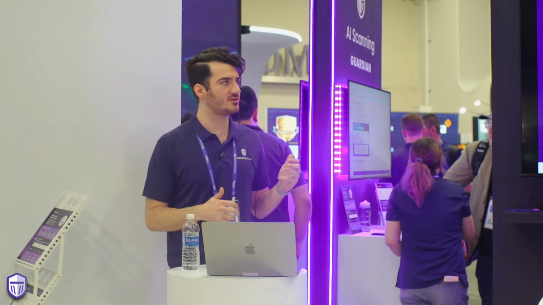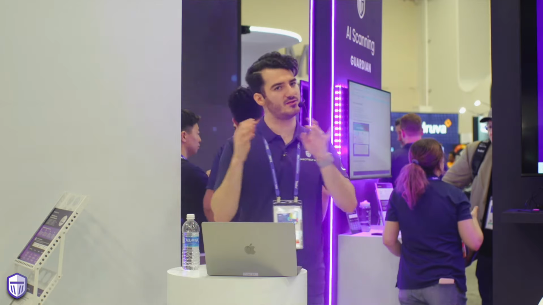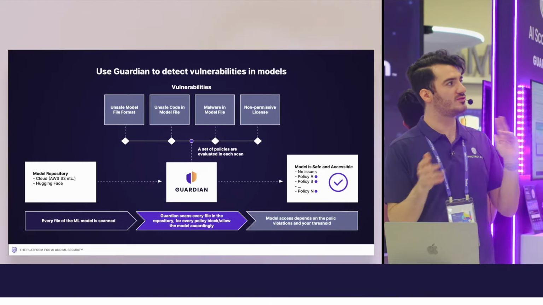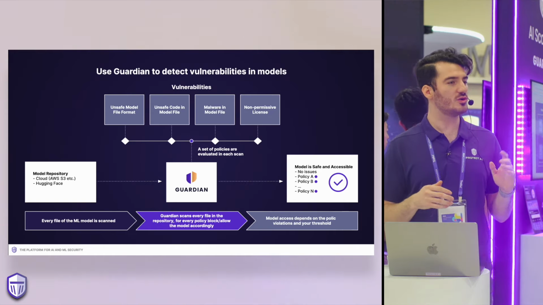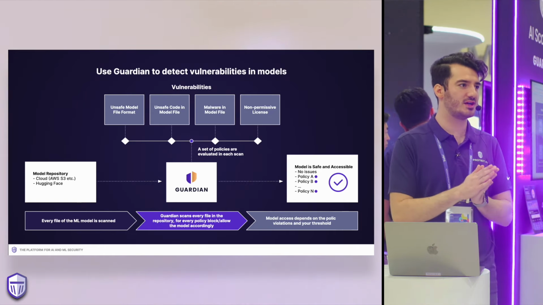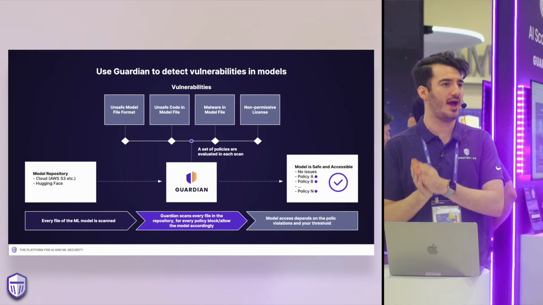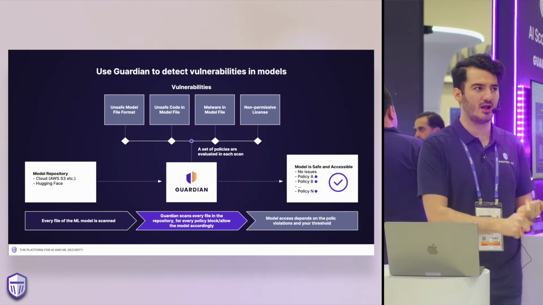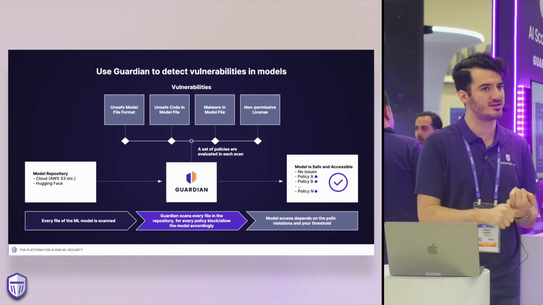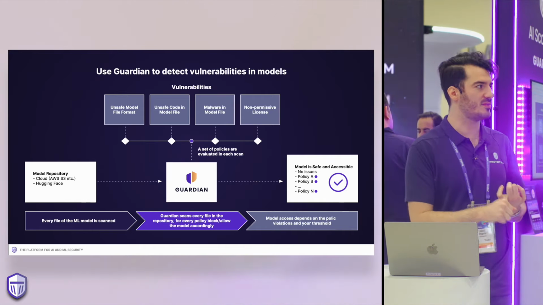Now, to address vulnerabilities in models and data sets and vulnerabilities in supply chain software, we have two solutions. The first is called Guardian. Guardian works by scanning both first-party and third-party AI ML models. So here we're thinking about models that you're either producing yourselves from your own data sets or from open source data sets, or models that you're downloading from Hugging Face.